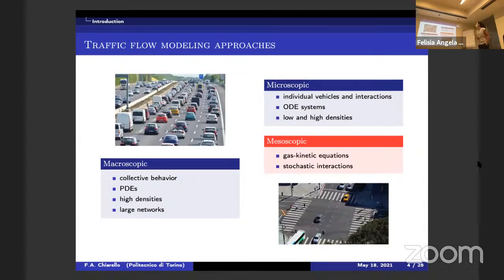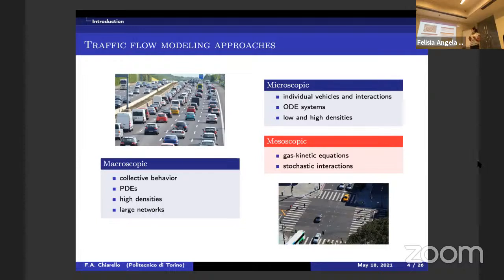As you probably know, there are different approaches to model traffic flow phenomena. In particular, macroscopic models are based on the description of collective behavior of vehicles, are based on PDEs, describe high densities, and are suitable to describe large networks.